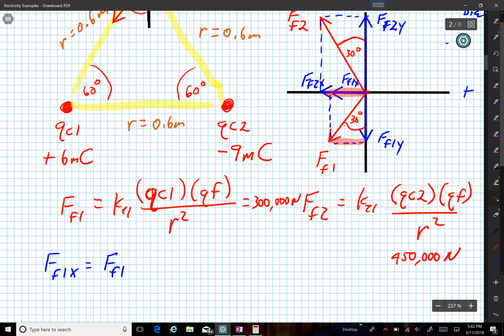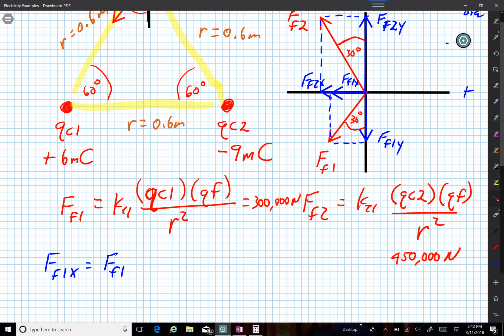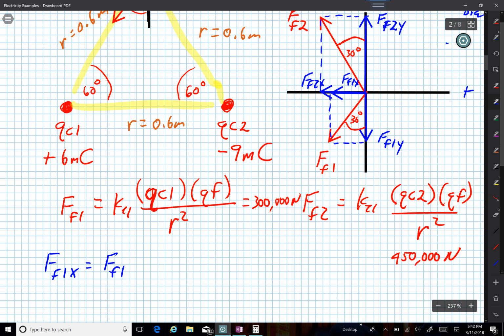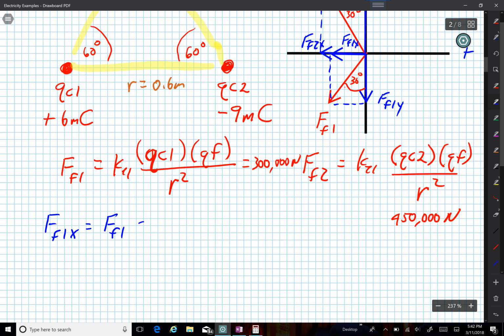That's the same as the side of this box, and that's opposite my 30 degrees. And so it's going to be sine. So this is going to be the sine of 30 degrees. And FF1y is going to be FF1 cosine of 30 degrees.